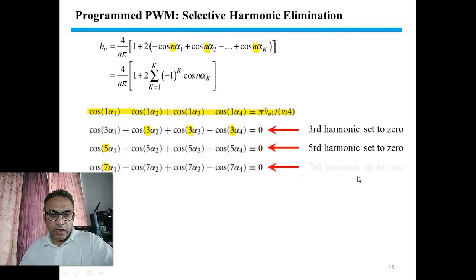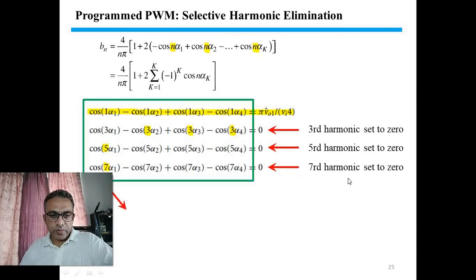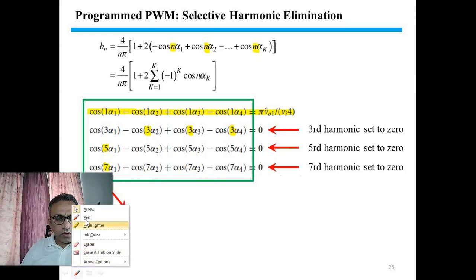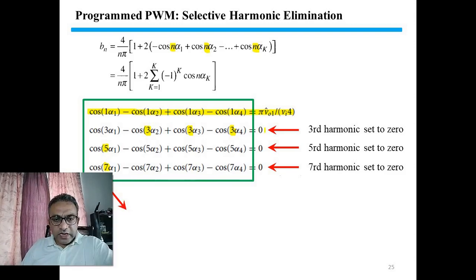So let us talk about this matrix. What we have done is we have allowed the first harmonic to be equal to this amount, and then we have allowed the third harmonic, the fifth harmonic, and the seventh harmonic to be equal to 0. We have purposely set them to 0.